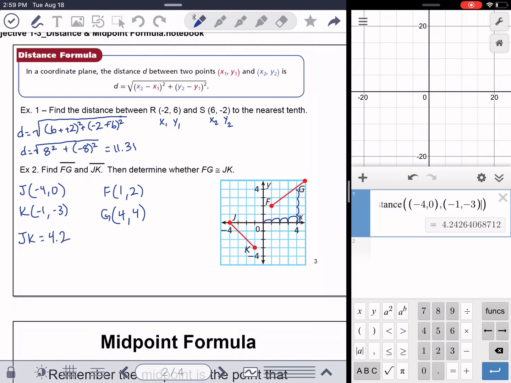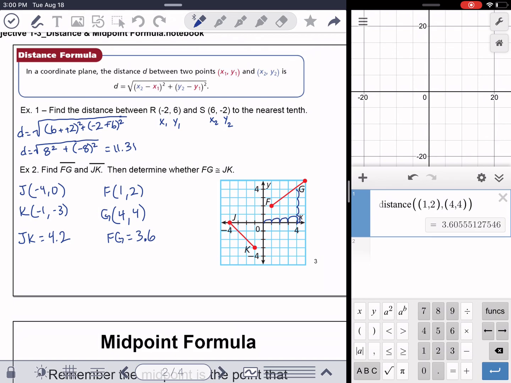Now, I've got this nice and pretty set up in here. So all I need to do is change these points. So for F, 1, 2, 4, 4. For FG, that's 3.6.